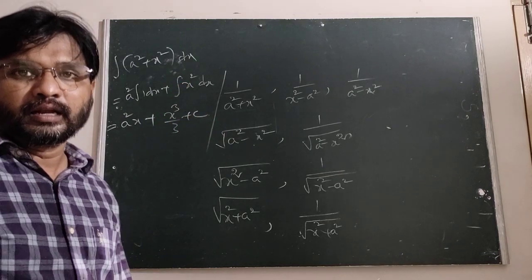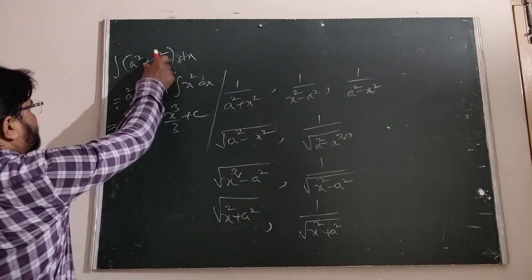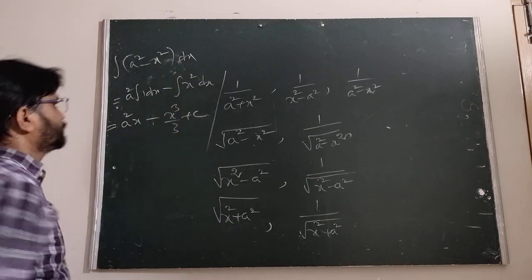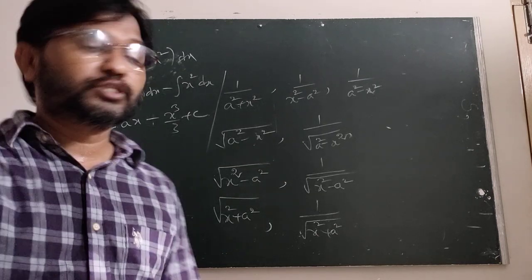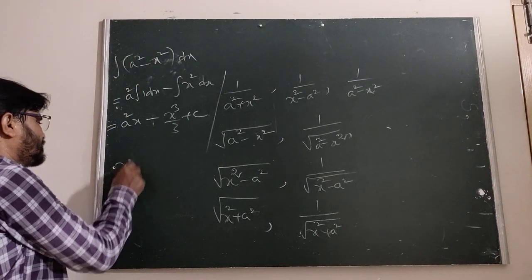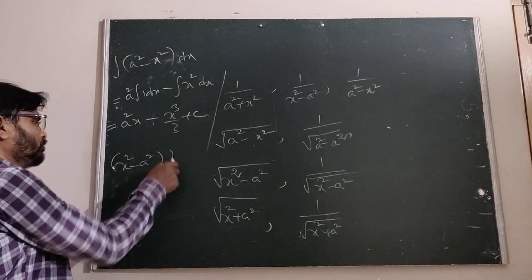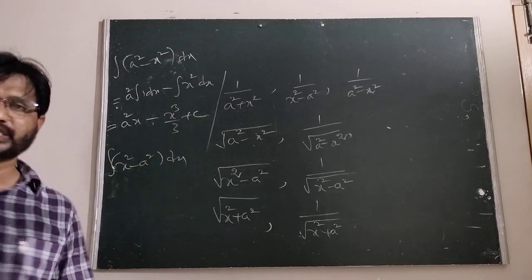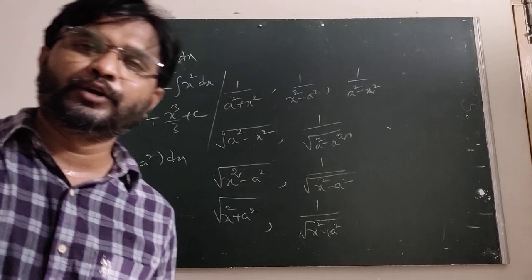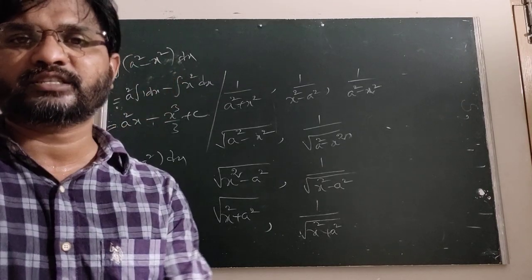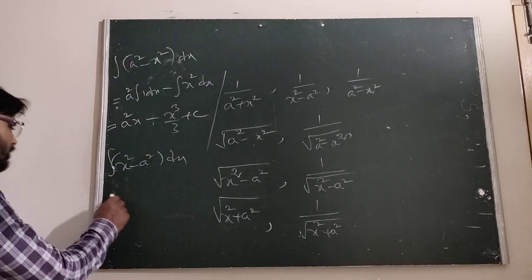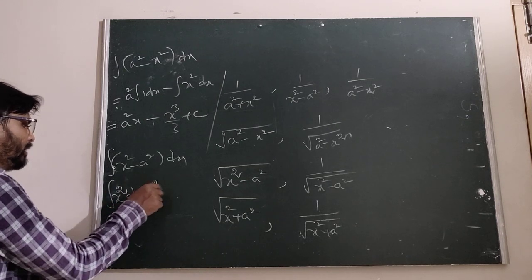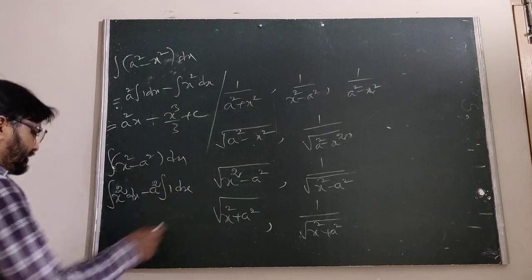Is it okay? Now the another one is a square minus x square, we can take the minus sign. Suppose x square minus a square is there. How to evaluate this one? This is compared with f minus g, the integral of f of x into dx minus g of x into dx. Now this can be integral of x square dx minus a square into 1 dx.